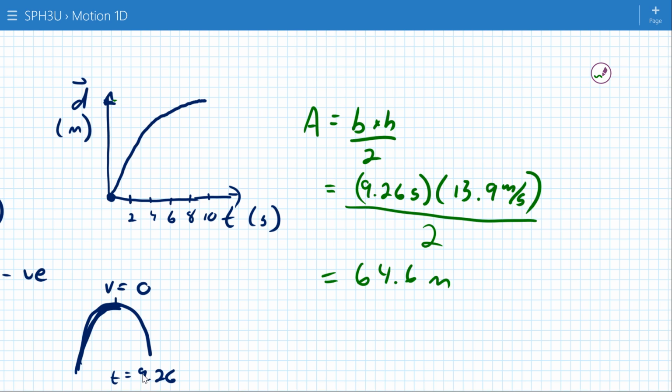So wherever we are here, that spot, it represents 64.4 meters. And that just gives some scale to all the positions in that position time graph.